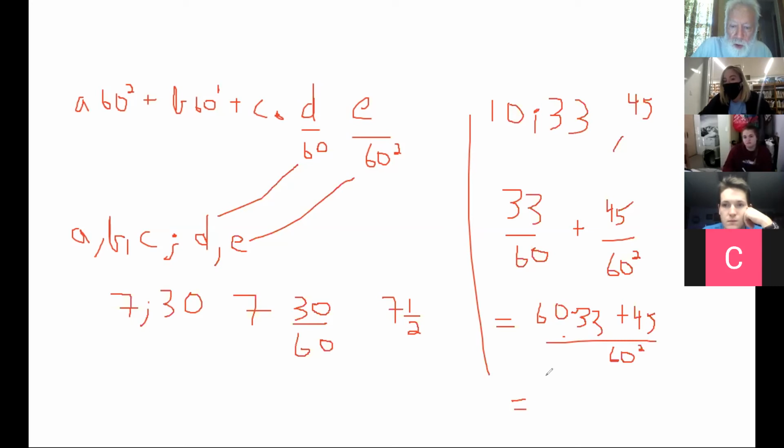But remember, if you're squaring 3 1/4, that's 13/4, and if you square it, you get 10 and 9/16. So in other words, 10;33,45. Oh, I see. Okay.